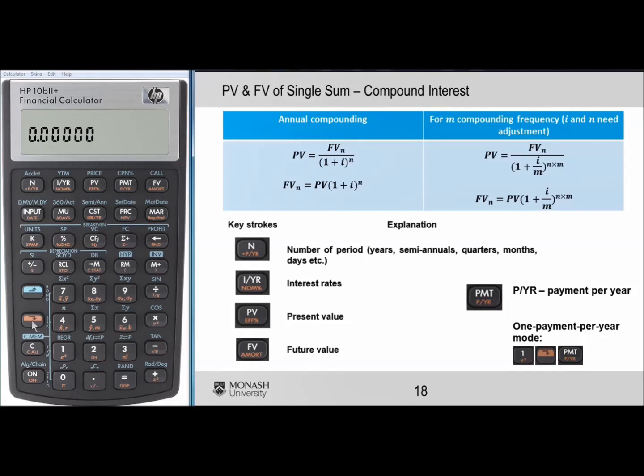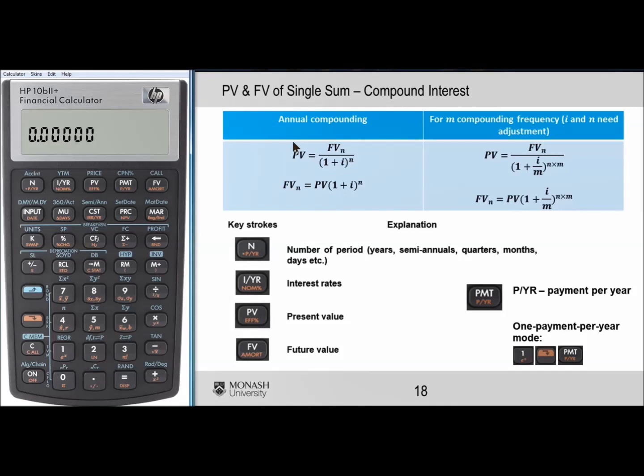You can check that when you clear all the memories of the calculator. We have already seen that in the example before when we converted the nominal into effective rate. So for annual compounding, we use 1 payment per year mode. For quarterly compounding, we use 4 payments per year mode.